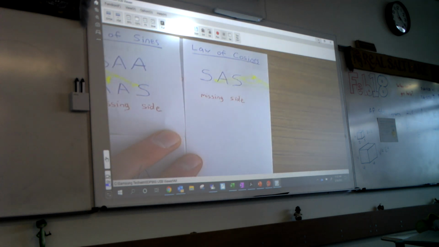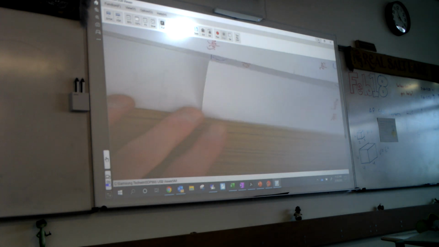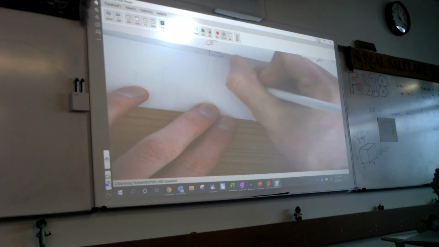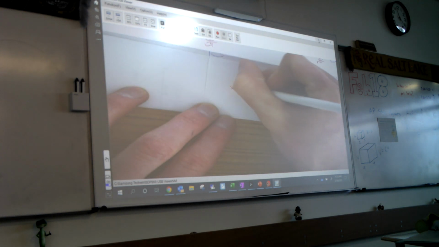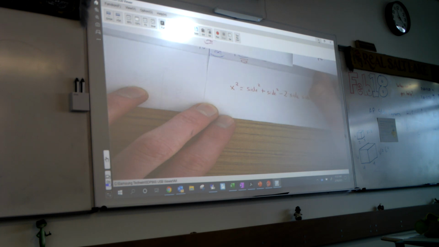Now, if you're confused with the letters and the formulas, what I think of when I do side, angle, side is, and I'm going to turn this around so I have enough room, if I'm finding that side, I think of it like this. I do x squared. It's equal to one of the sides squared plus the other side squared, I need both sides, minus 2 times one of the sides times the other side, and then times the cosine of the angle.